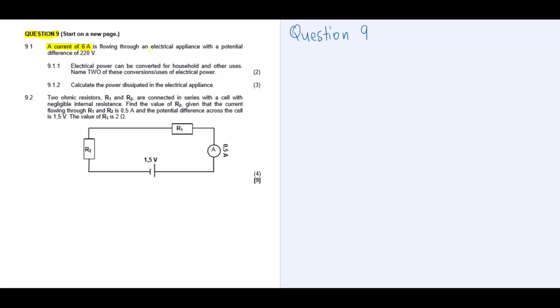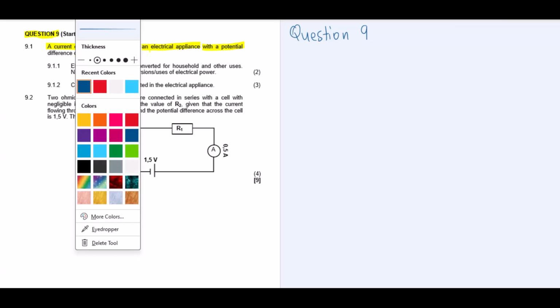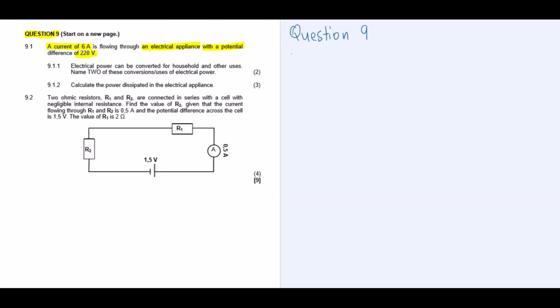In question 9, they say that a current of 6 amps is flowing through an electrical appliance with a potential difference of 220 volts. For 9.1.1, they say that electrical power can be converted for household and other uses. So name 2 of these conversions or uses of electrical power.